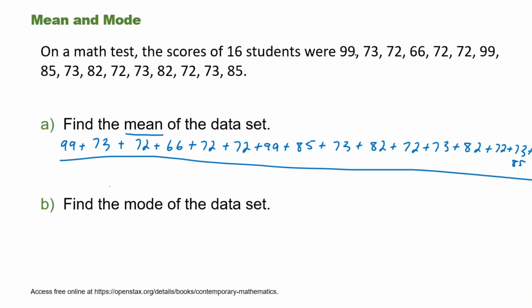So let's count this. There should be 16. 1, 2, 3, 4, 5, 6, 7, 8, 9, 10, 11, 12, 13, 14, 15, 16.